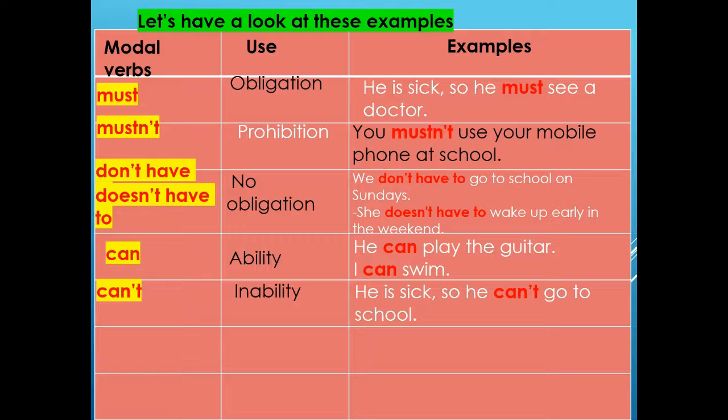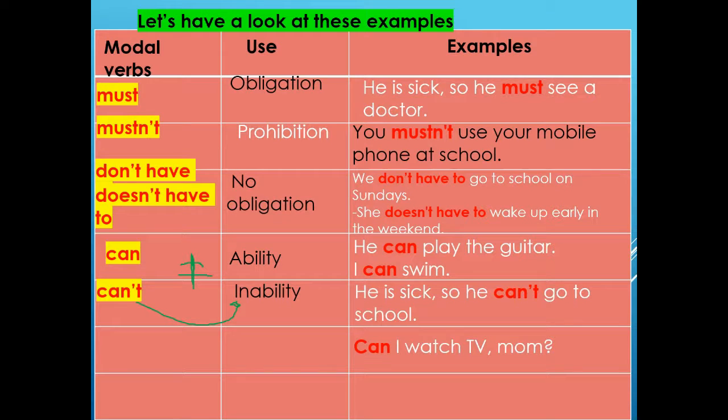Here we have the sentence: he is sick, so he can't go to school. The modal is can't, and it expresses inability. It is the opposite of ability. Those are two opposite things. Here we have can, it expresses ability, and here we have can't, it expresses inability.